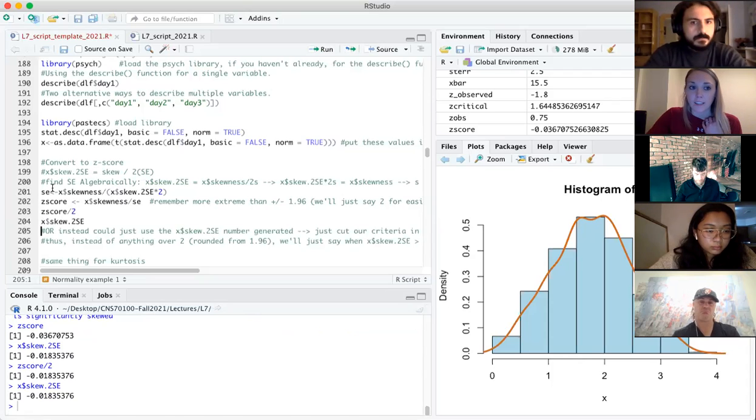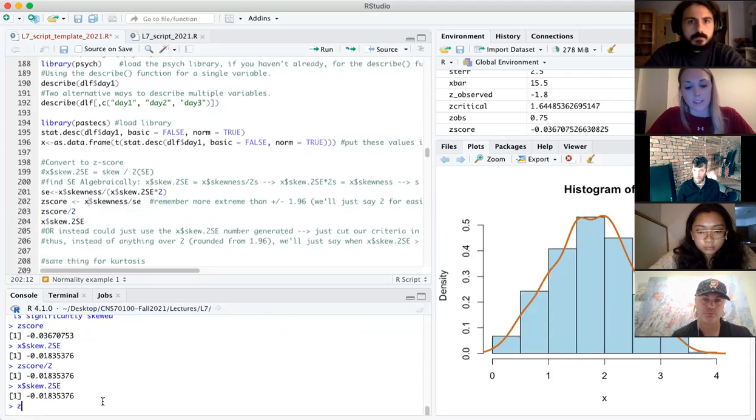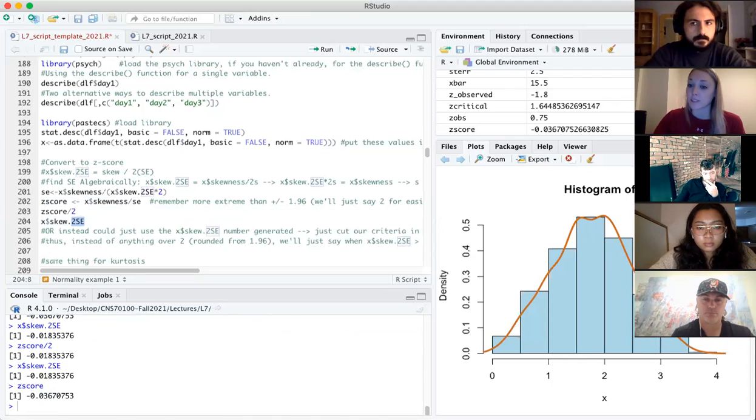So basically, if we were converting this to a Z-score, we would compare it to 1.96. This Z-score isn't a good example because it doesn't violate. I mean, I guess it's a good thing, but this Z-score is negative 0.036. What the skew 2SE gives you is half of that. So since we halve that, we halve our criteria.